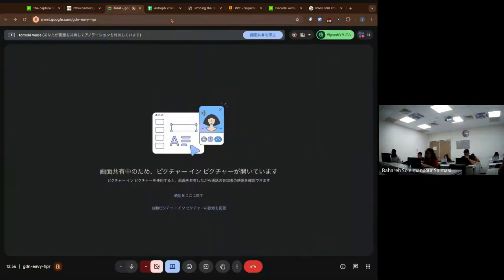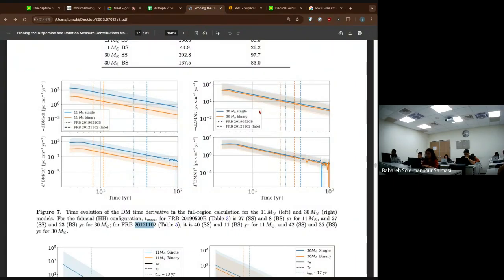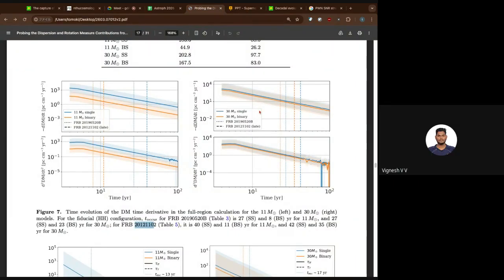Okay, Vignesh also has another question. Vignesh? Tomoki-san, I don't know whether this is possible, but since they have now resolved the dispersion measure and truly figured out the source dispersion measure and the ionization fraction, I was wondering, is it possible to figure out the scattering due to the plasma surrounding the source?